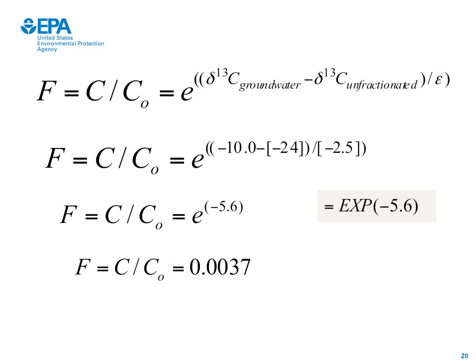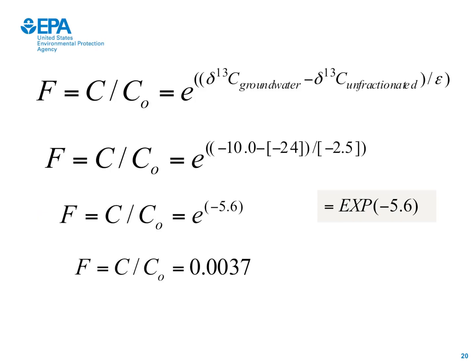So let's see what that does in terms of predicted values of the fraction remaining. I've simply taken the equation, and I'm going to insert my -10 value for the delta 13C measured in groundwater. I'm going to assume a value of -24, which I'll justify to you shortly, for the original concentration, and then I'm going to divide it by the value for epsilon that has the lowest absolute value, the one that said -2.5, and see what that says.